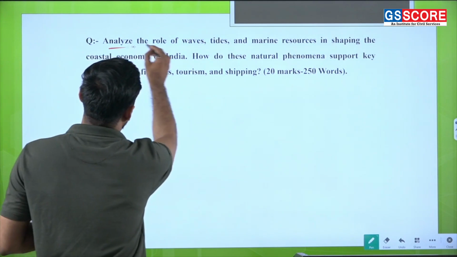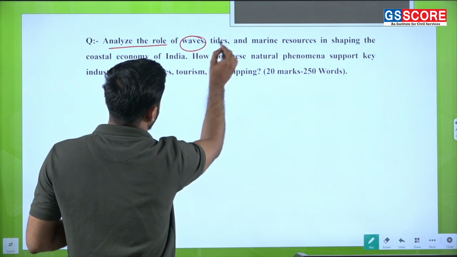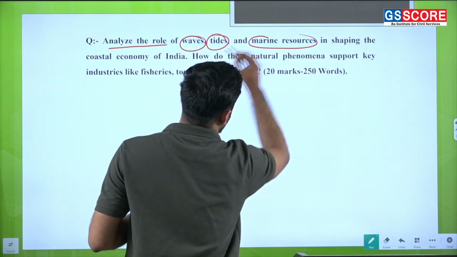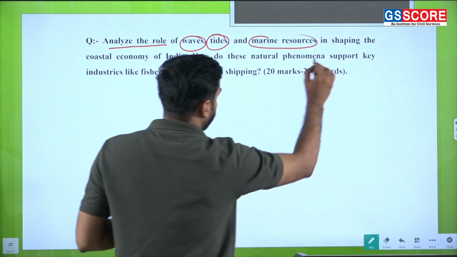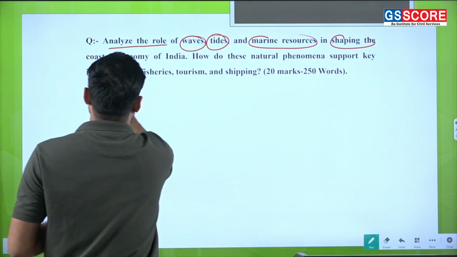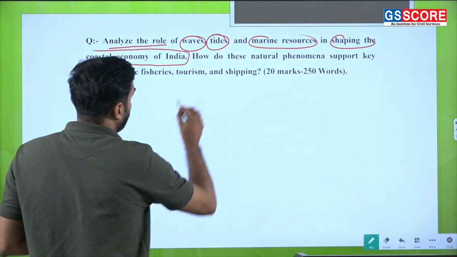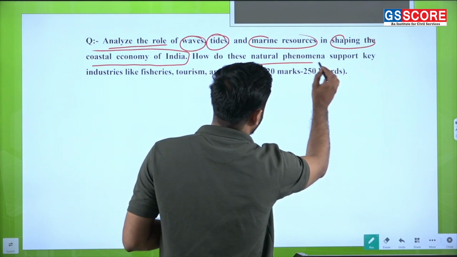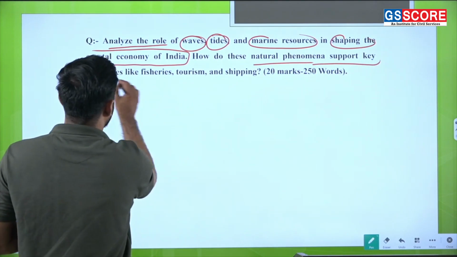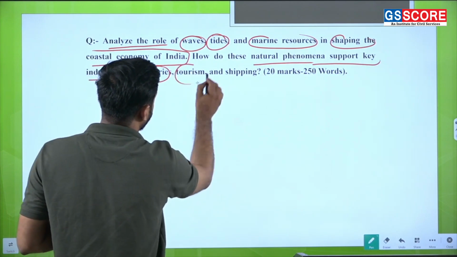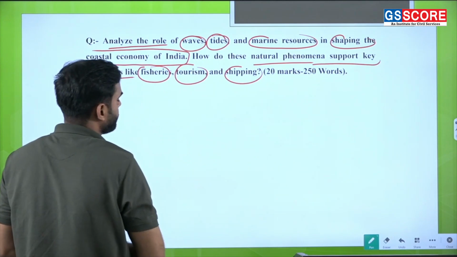First, analyze the role of waves, tides, and marine resources in shaping the coastal economy of India. How do these natural phenomena support key industries like fisheries, tourism, and shipping?